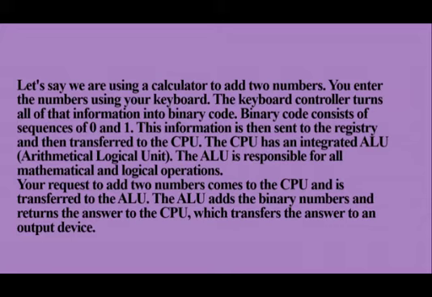The CPU has an integrated ALU, arithmetic logic unit. The ALU is responsible for all mathematical and logical operations. Your request to add two numbers comes to the CPU and is transferred to the ALU. The ALU adds the binary numbers and returns the answer to the CPU, which transfers the answer to an output device.